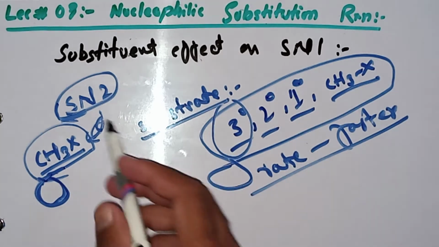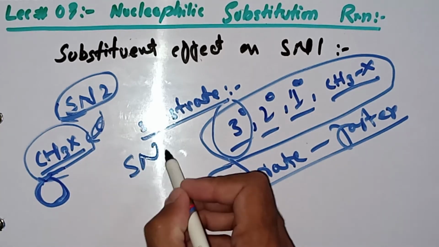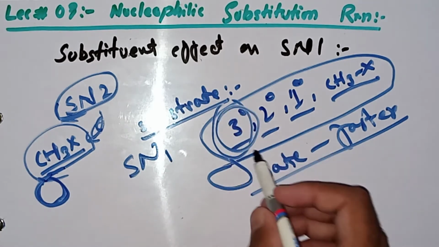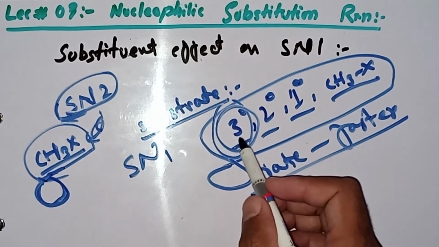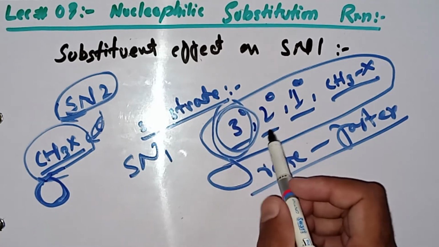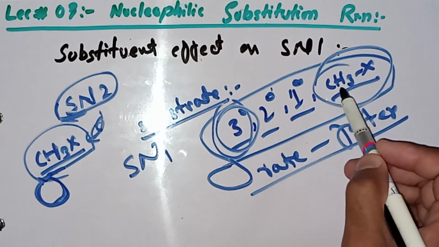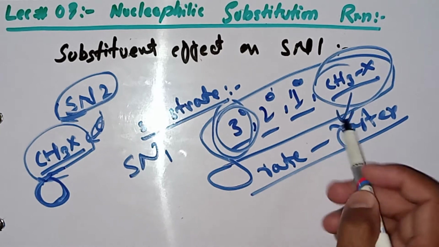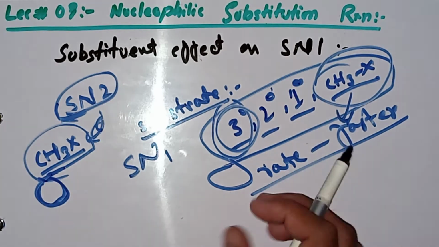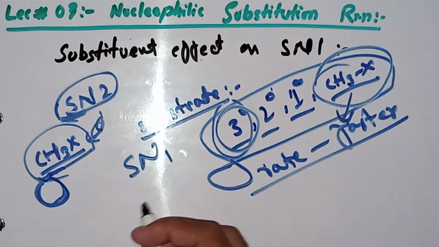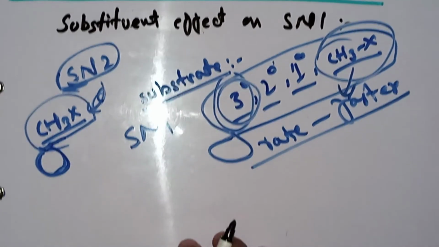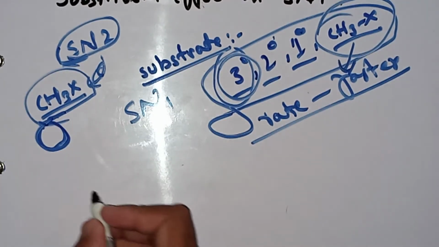While in the SN1 reaction, tertiary alkyl halide goes very fast, while methyl halide cannot show any reaction. So what is the reason behind this? Let's suppose these are all alkyl halides.